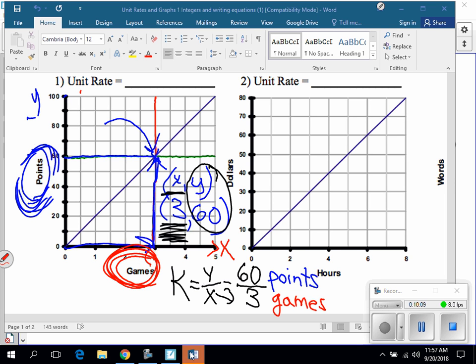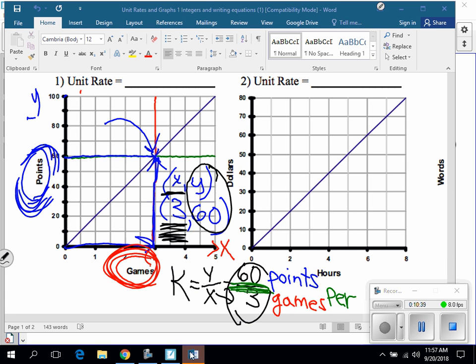So 60 goes with points, so 60 points, and the 3 went with games, so 3 games. And I always also have students, in the place of the fraction bar, write the word per. So when you're thinking about the units or the rate that we're referring to, we're thinking about the number of points per game.